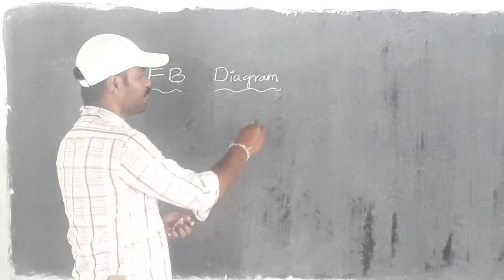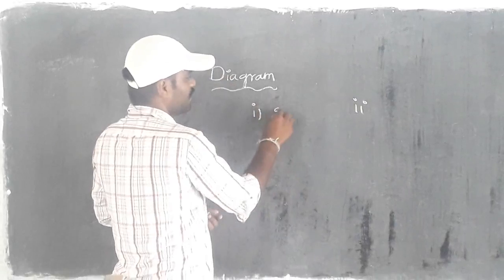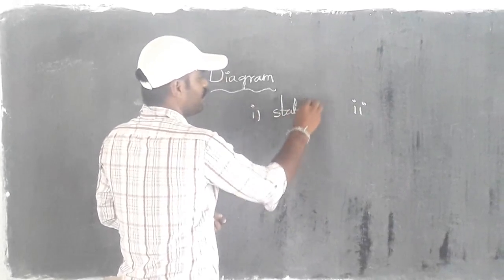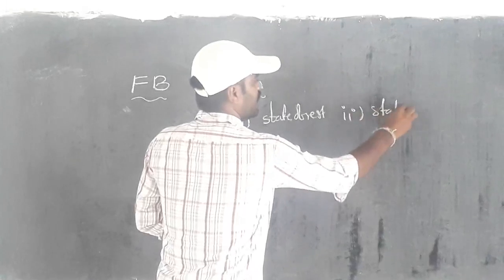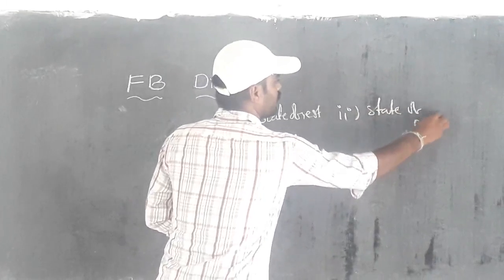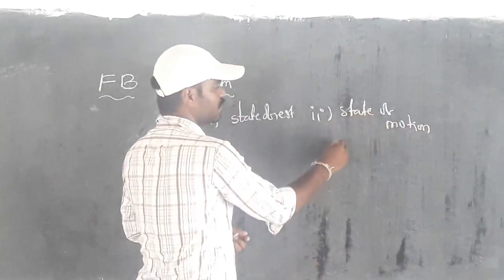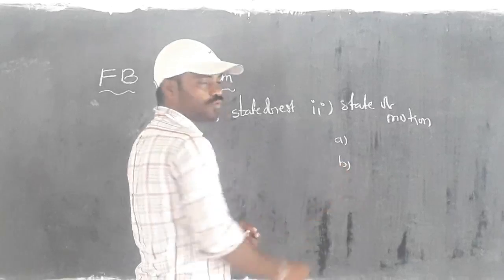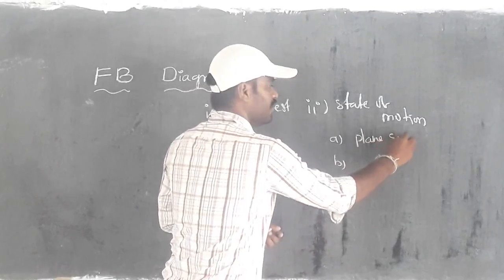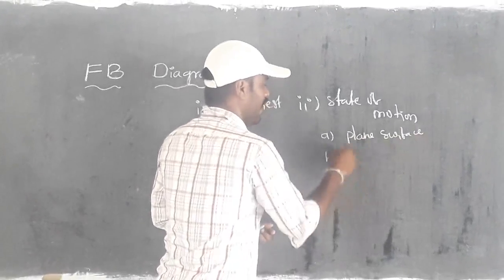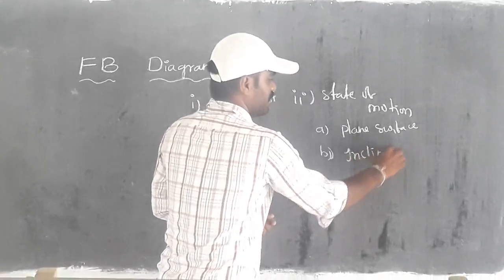There are two types of conditions. The first type is simply the state of rest. Another one is the state of motion. Again, this state of motion is subclassified into two types. One is on a plane surface, and the other one is an inclined surface.